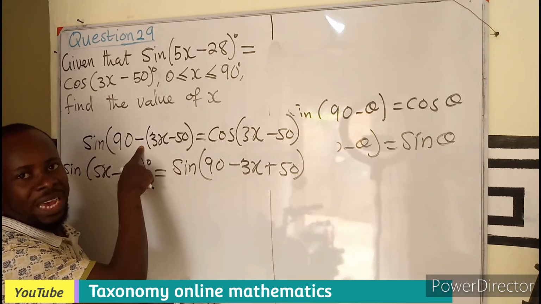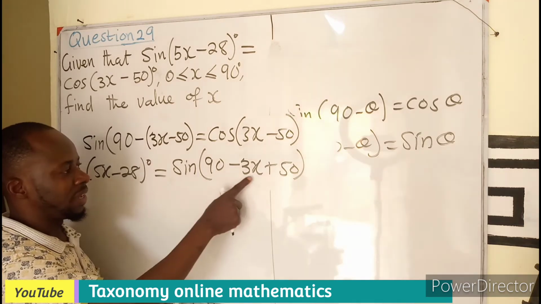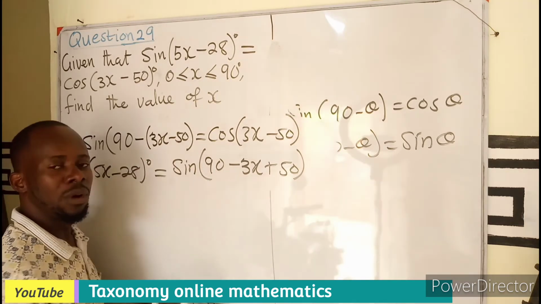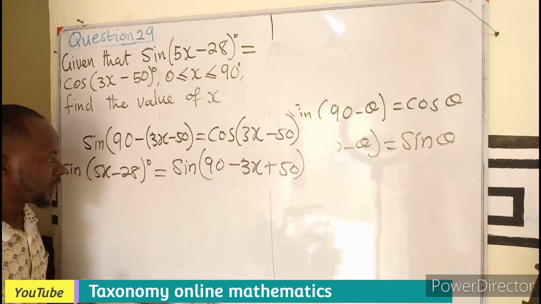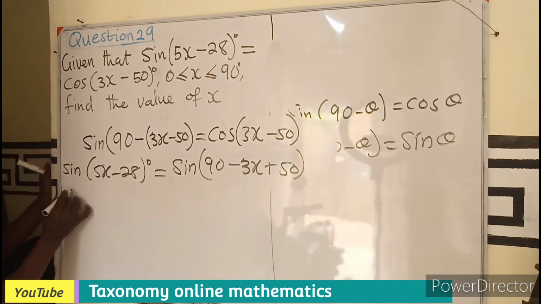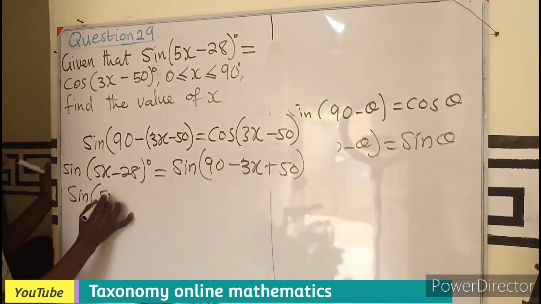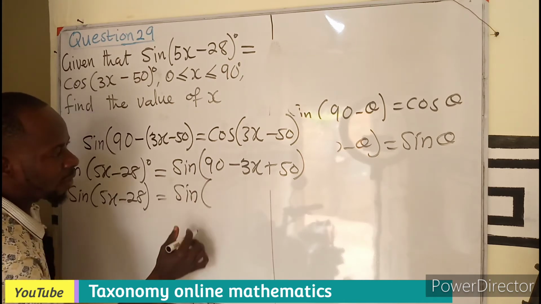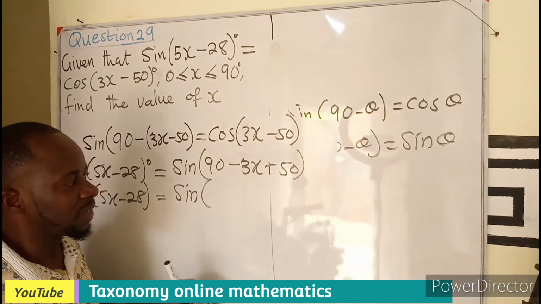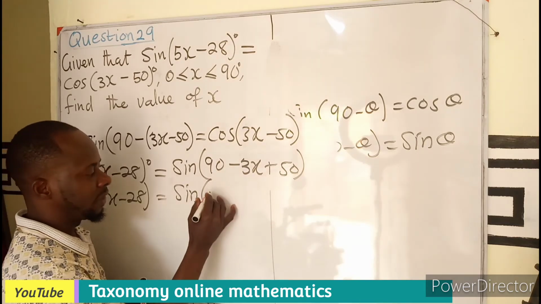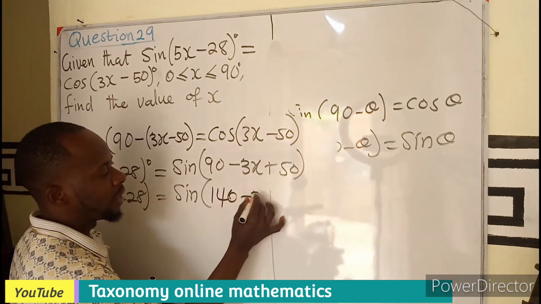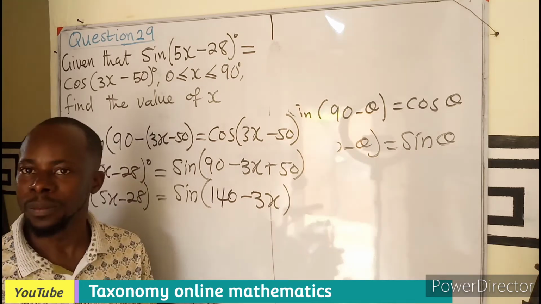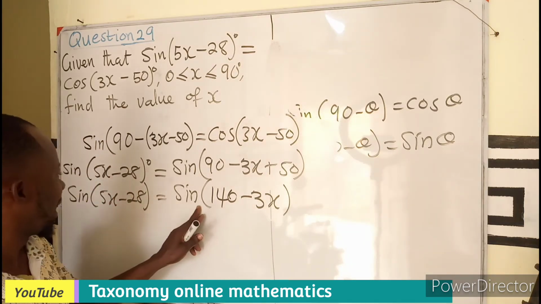If I open this bracket, negative 1 times this, negative, negative, positive. So we maintain sine of 5x minus 28, and 90 adds to 50 to give 140, so 140 minus 3x.